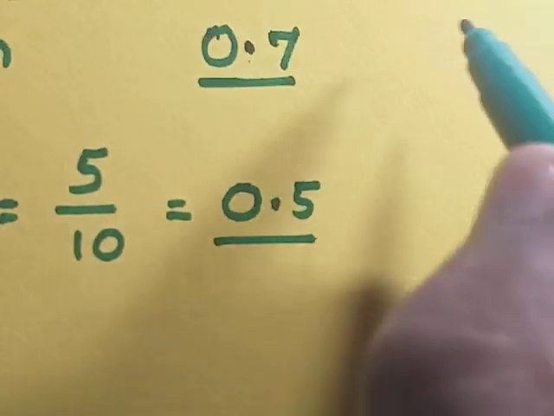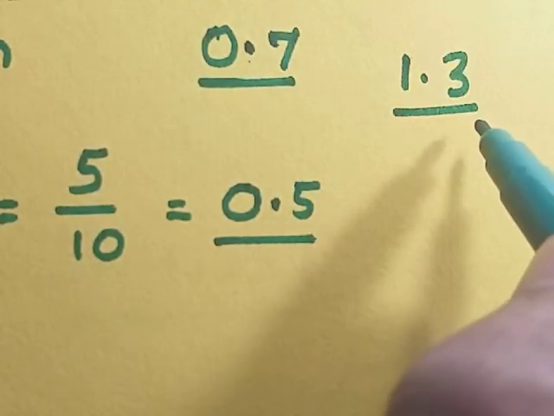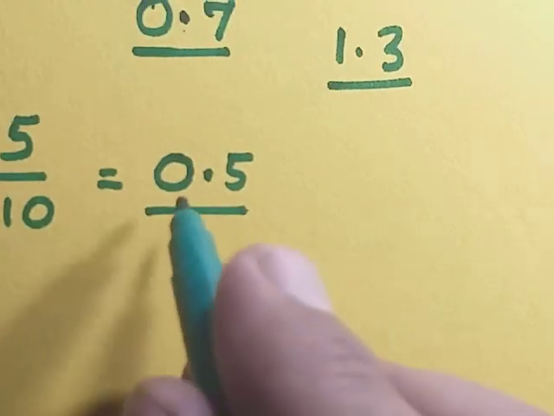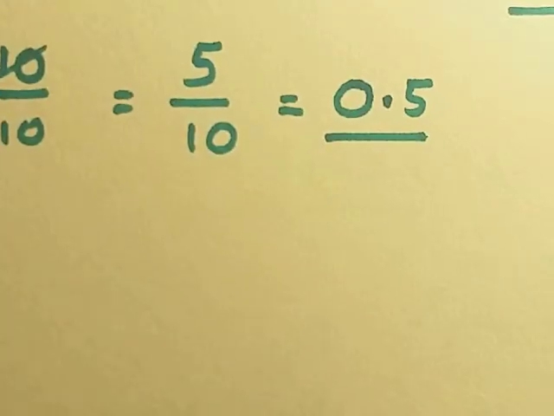Supposing you have 1.3 to be written, then there is no problem at all. You need not use 0 here. But when you are writing only 0.5, you must write 0. So this is how the fractions and decimals chapter will be discussed in detail based on the simple concept.